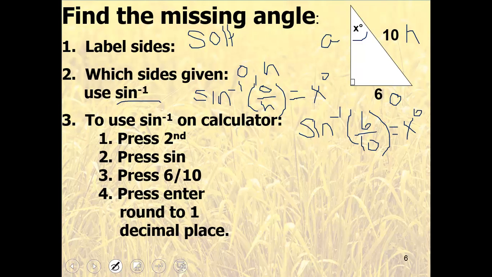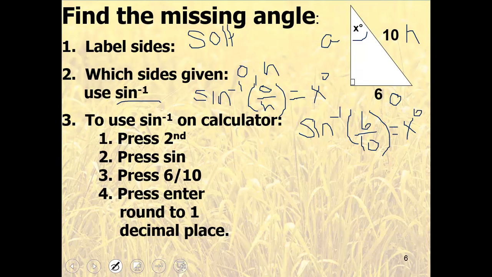All right, so here's how we're going to do it. So everybody grab your calculator. You're going to press the second button. On the TI-30X2S, it is on the upper left-hand corner. That's going to activate your inverse functions. Second, and then you're going to press the sine button. That'll activate that little thing above it, inverse sine. And you should have sine -1 parenthesis.